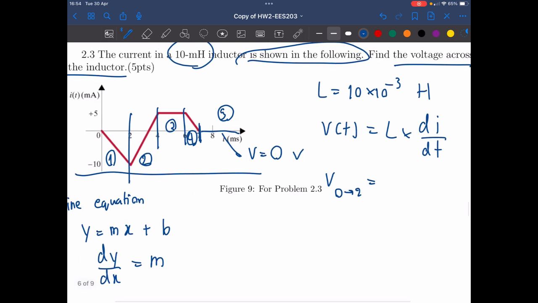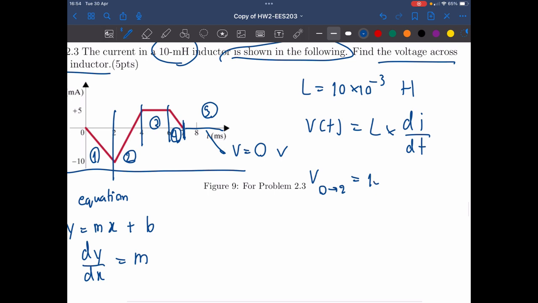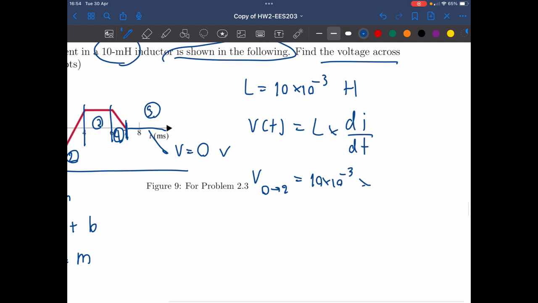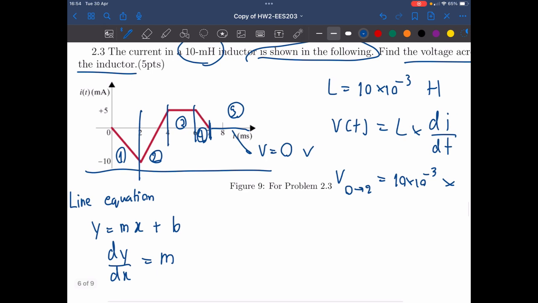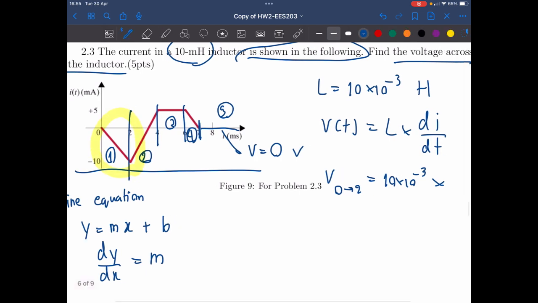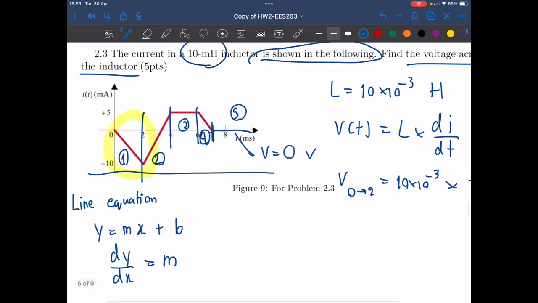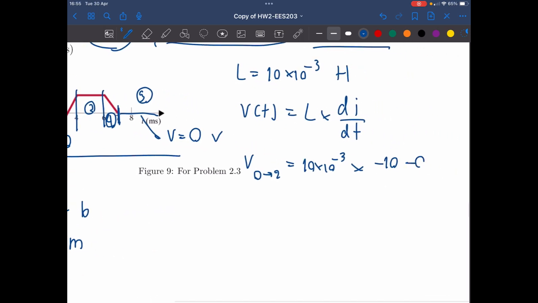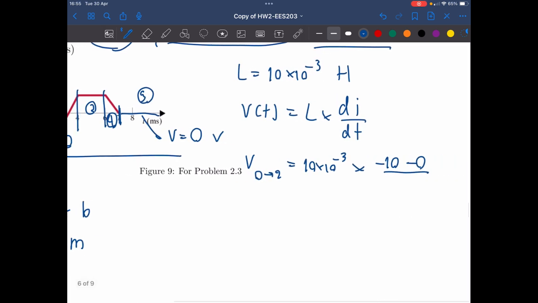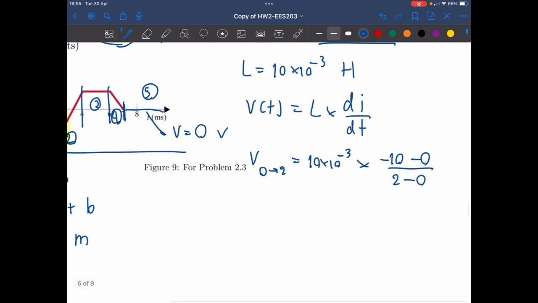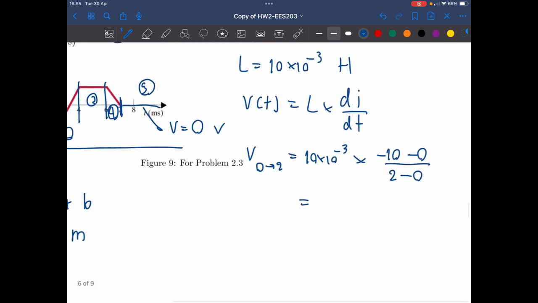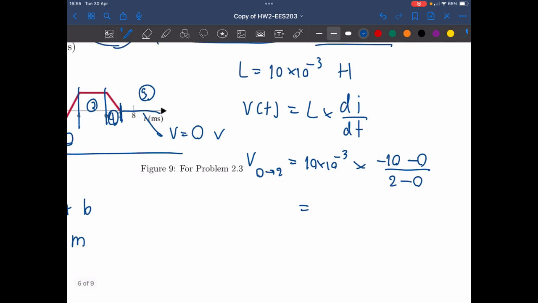Then from the time 0 to 2, we will get that the voltage is equal to 10 times the value of the inductance and the slope itself, which according to this graph, we know that at the end the value of the current is minus 10, the starting is 0, and all divided by the time difference, which results in minus 50 millivolts.